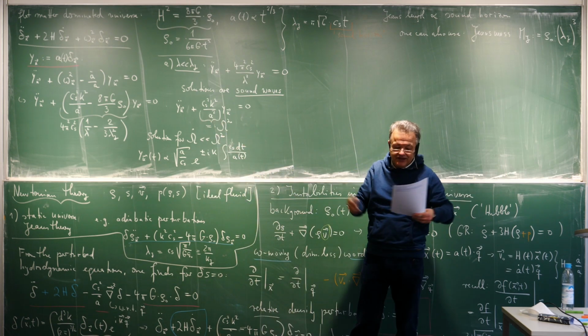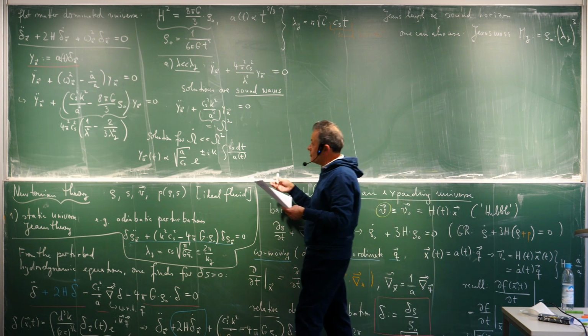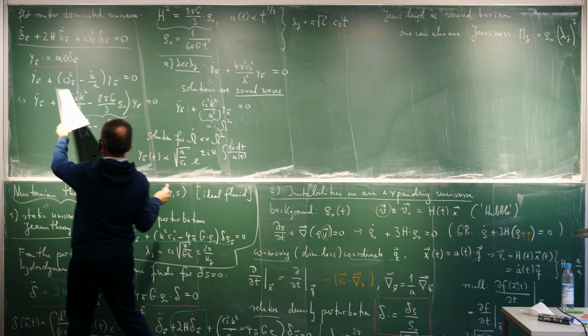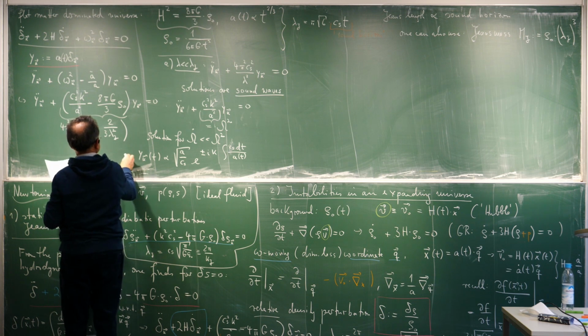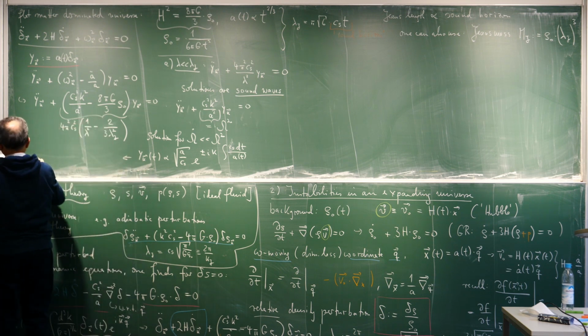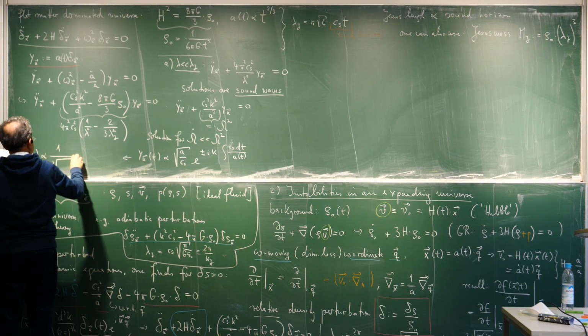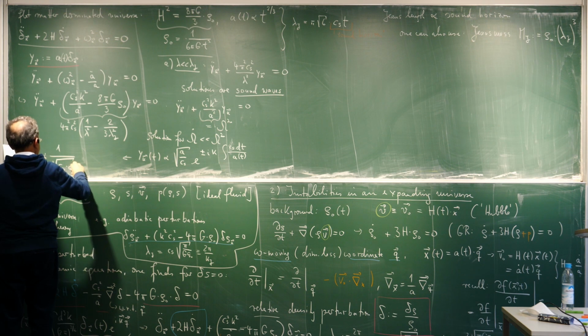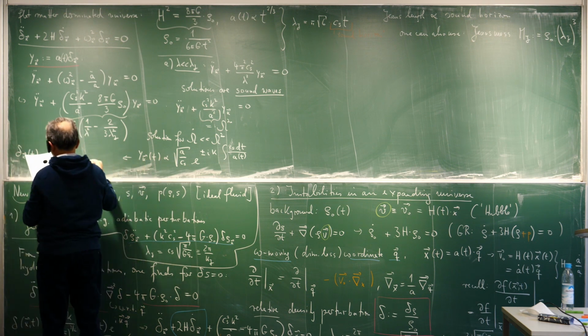Then there's no expansion. If we go back to the original delta, let me write it here, there's some space left. Delta_k of t is proportional to 1 over the square root of c_s times a. So it's only the difference in the prefactor.